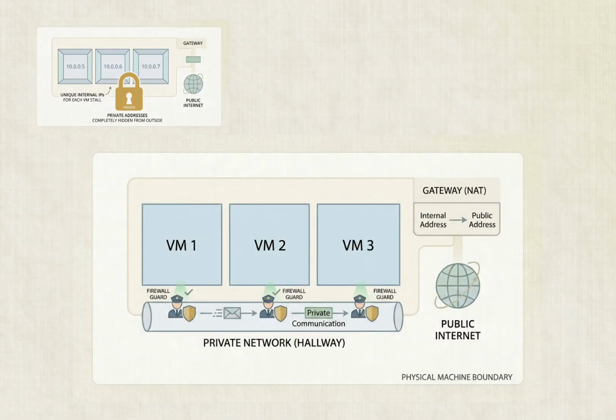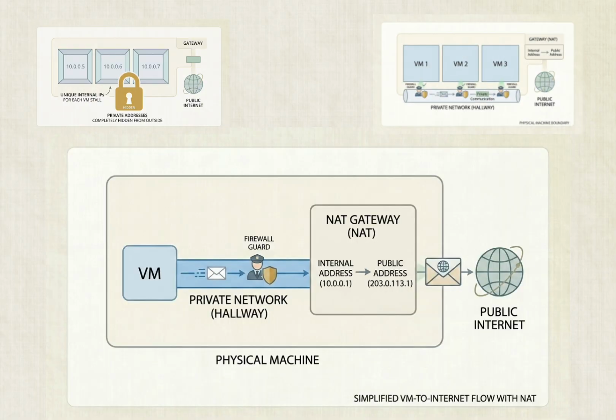Each virtual interface is guarded by an internal firewall that acts like a security guard, checking incoming packets to make sure they are safe before letting them through. When a VM needs to talk to the wider public internet, the hypervisor uses network address translation, or NAT, to safely pass messages out through the building's main public address.